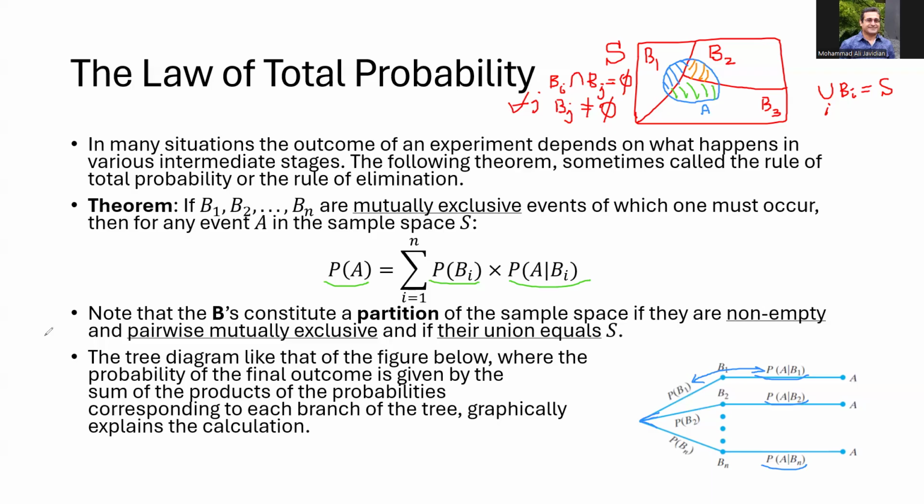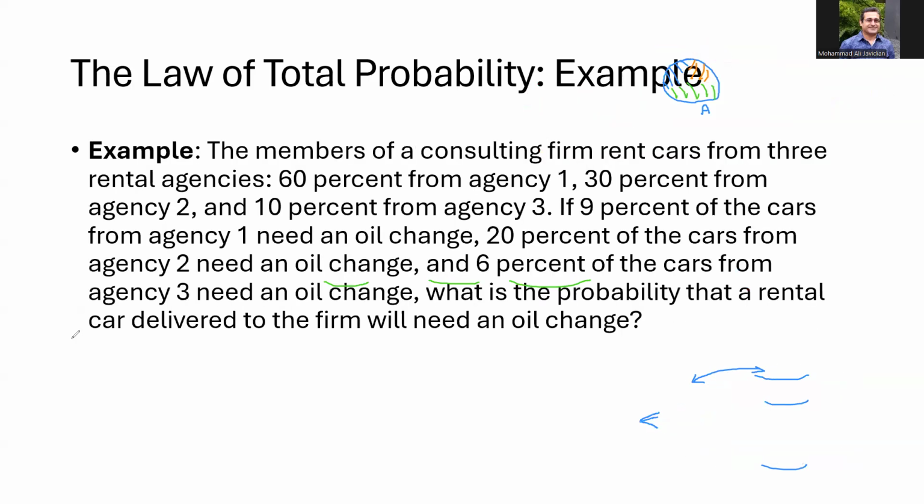So let's see how we can compute the total probability of an event when we have a partition of the sample space. In this example, let me clean up my drawings first.